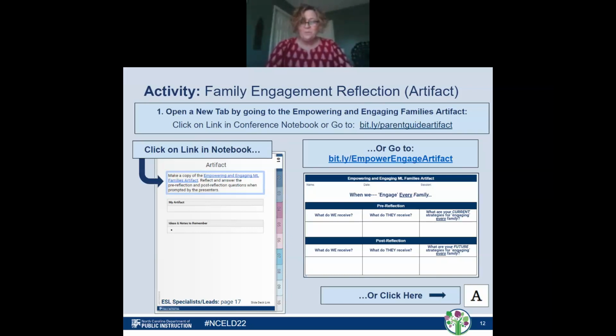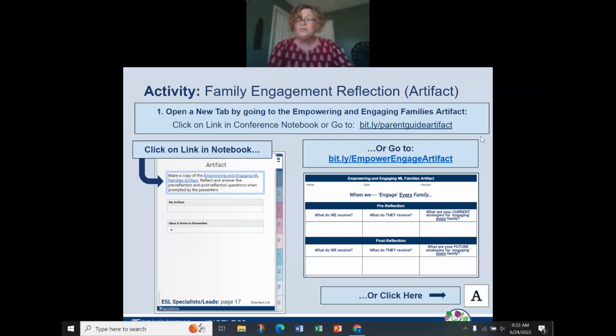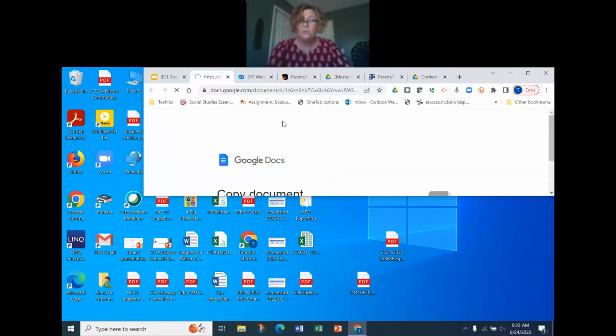So we'd like for you to open your artifact now, and you can do that one of multiple ways. You can get the artifact document via your notebook. It's on page 11. Or you can just click on the link displayed here with the URL, the shortened URL, or you can click on the icon in the bottom right corner. The important thing to remember is that it opens as a forced copy. Tim's going to demonstrate.